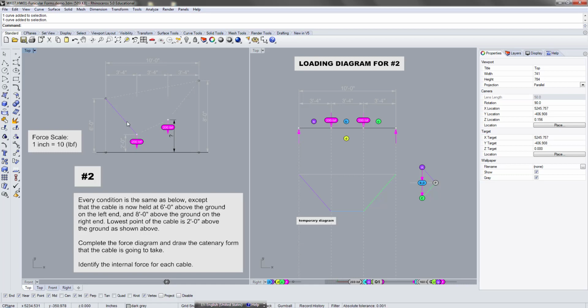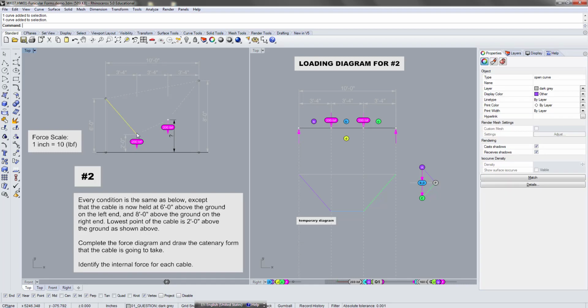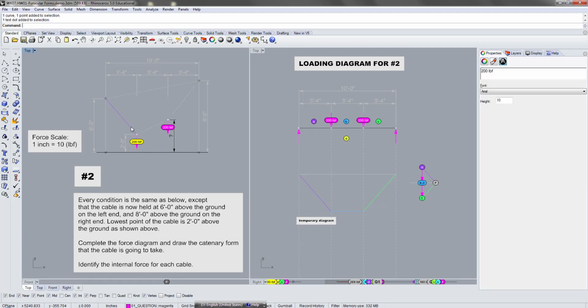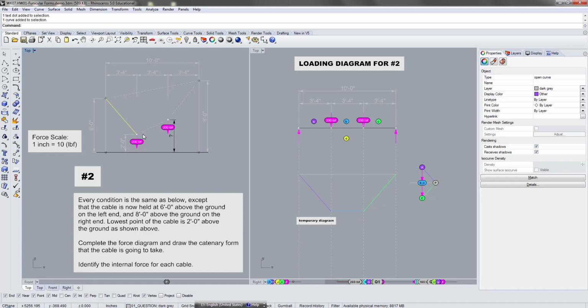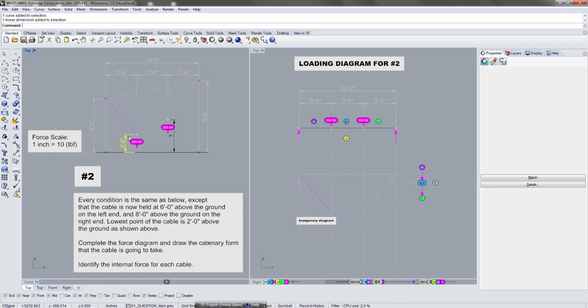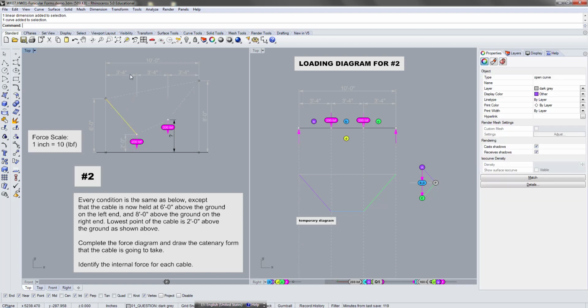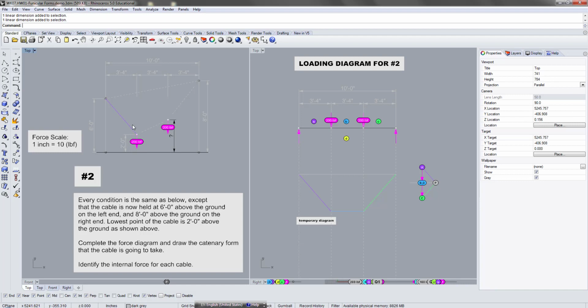One thing we're setting though is that at the first weight hanging on the left side, the cable is 2 feet above the ground. So we know the angle of this first portion of the cable because we know the horizontal distance to the point as well as the vertical distance to the point. So that's one piece of information that we know.